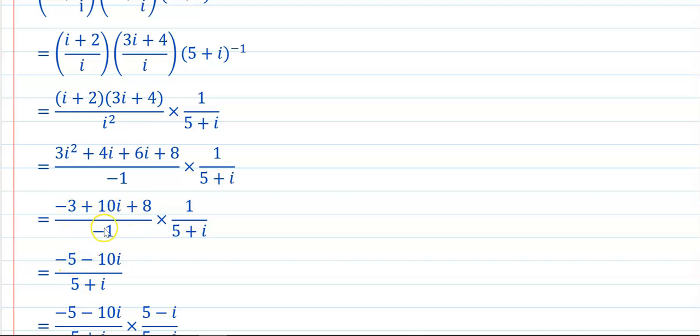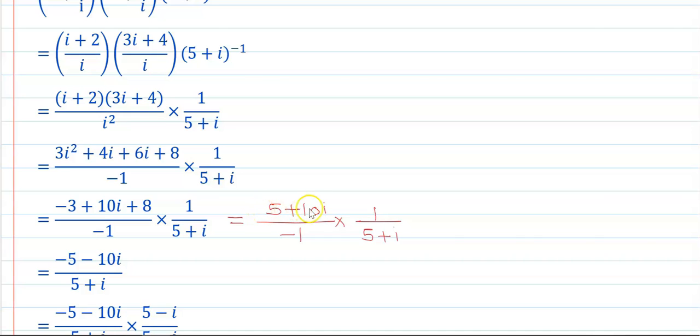And here, divided by, it is a minus sign. We can write one more step: -3 + 8, that is 5 + 10i, and this divided by -1 into 1 upon (5 + i). Operate the negative sign on the numerator.